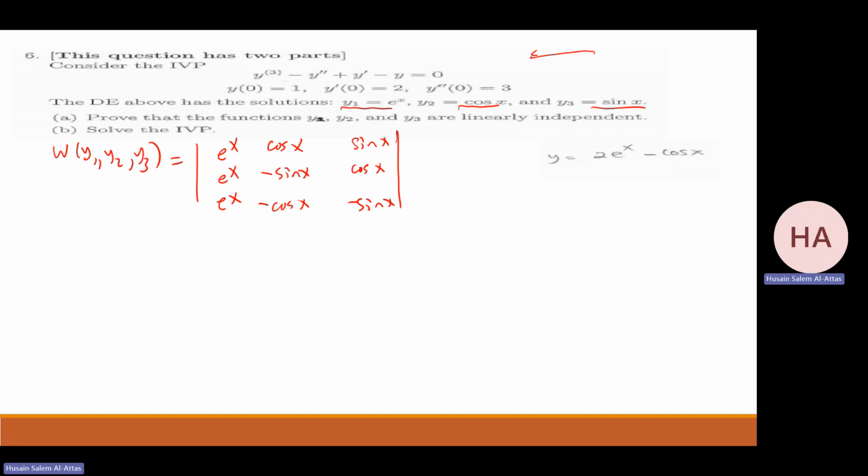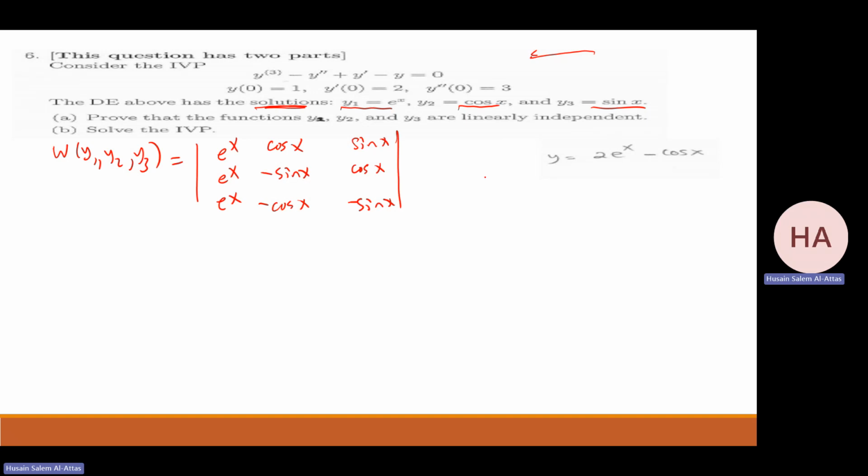Okay. What shall I do? One trick I can do: since they are solutions, the Wronskian for any x either will be equal to 0 or not equal to 0.